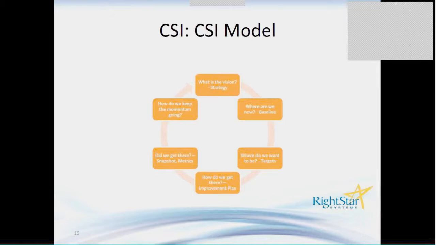So what are our key performance indicators based on what is most critical to our organization's success? And then how do we keep the momentum going? How do we keep that cycle of improvement going? And again, that goes back to the iterative cycles that we talked about earlier in Agile.